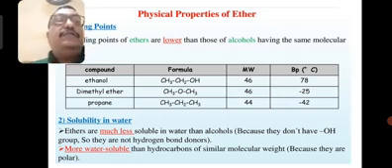In case of alcohol, the boiling point is nearly 78, and dimethyl ether, CH3OCH3, has a boiling point of minus 25, while the open chain hydrocarbon with 3 carbons has minus 42.